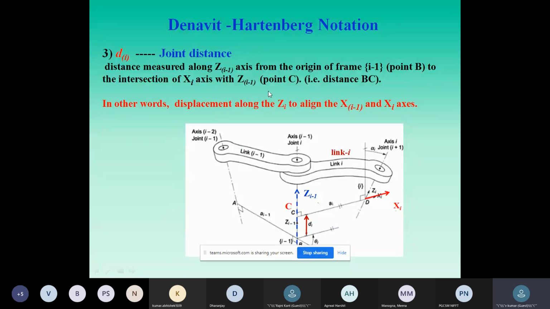In a simple way, it is the distance between xi minus 1 and xi along the zi minus 1 axis.